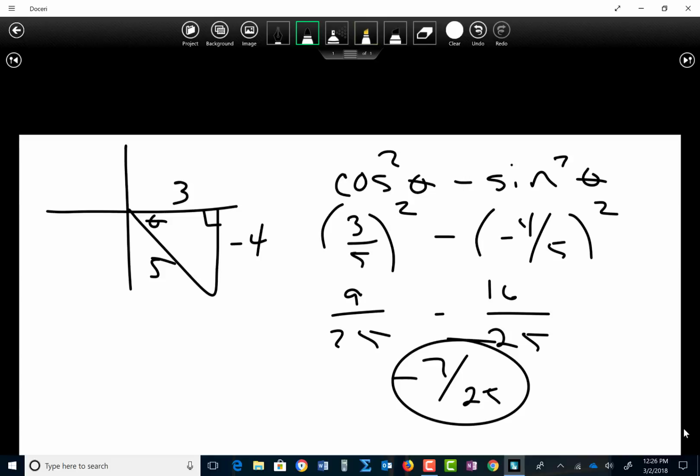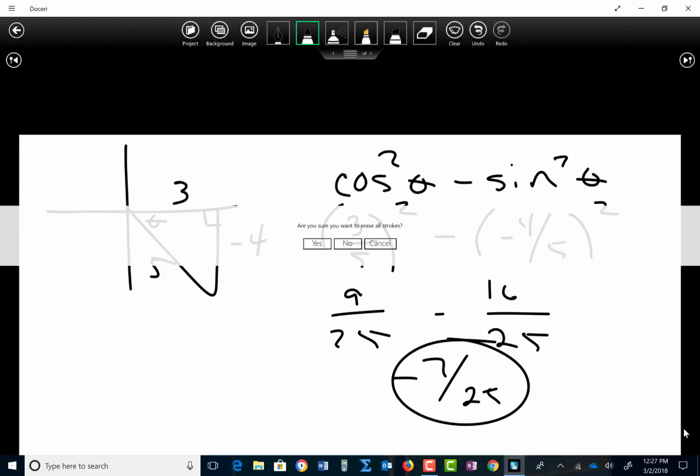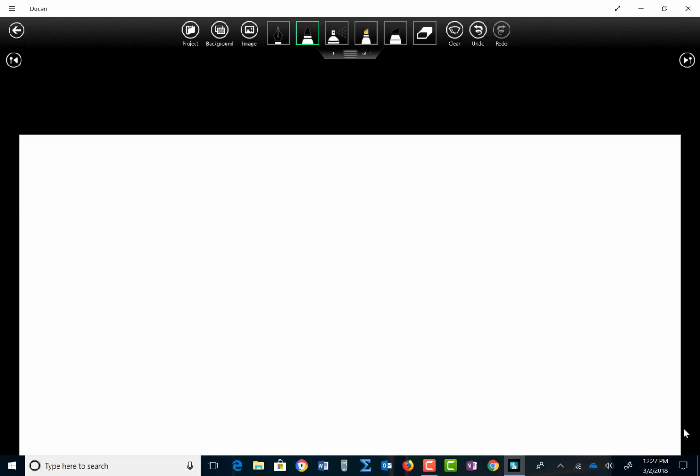Some of you missed the signs on a lot of these. So let me erase that one and go to the next one. The next one asks you to find the tangent of 2 theta. So you probably need your formulas that I gave you. Remember that I gave you a packet with your cheat sheet in it.